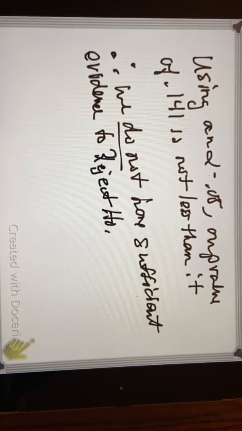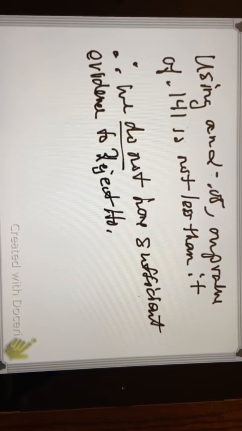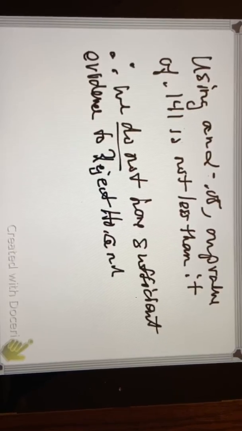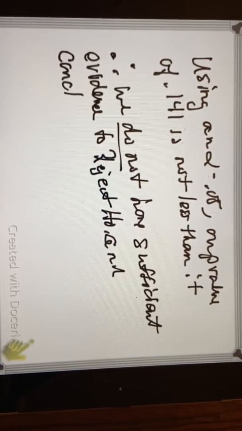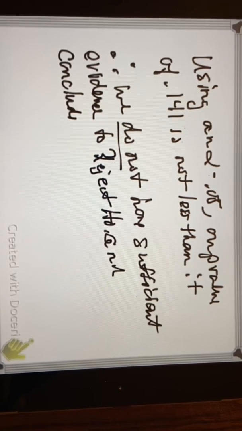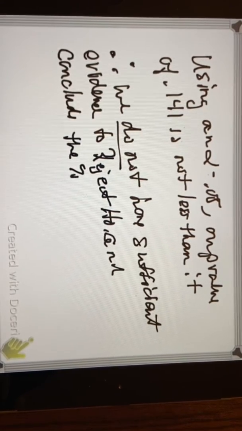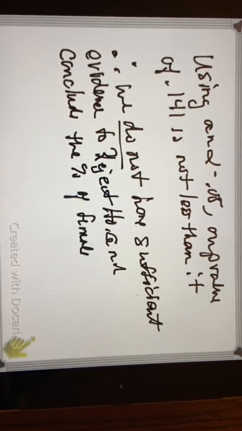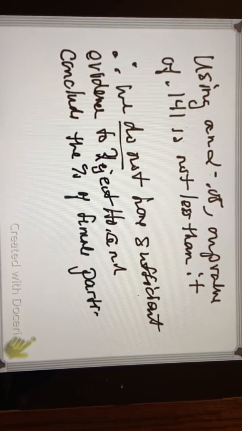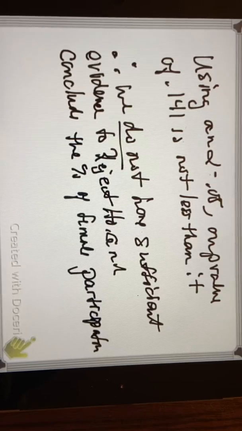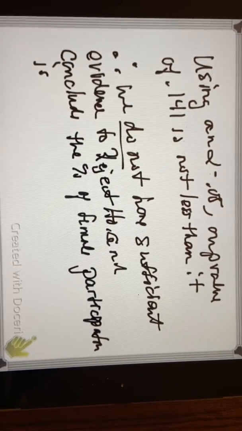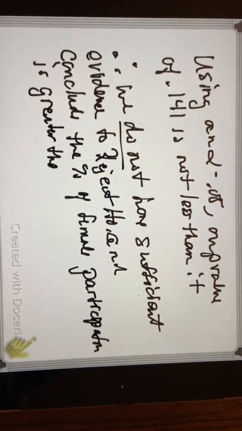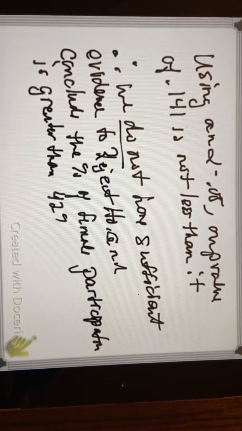Writing fast, I'll need to slow down to keep my cursor caught up. And conclude the percent of female participation is greater than 42%.